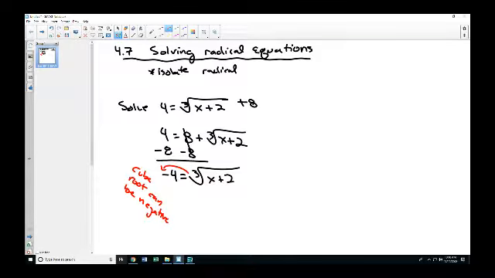If this were a square root, we're done, no solutions. So if it looked like this, the square root cannot be negative. This is no real solution. You're done.